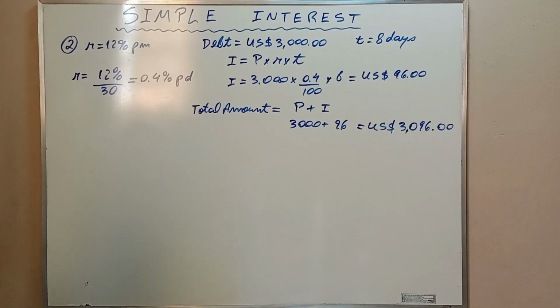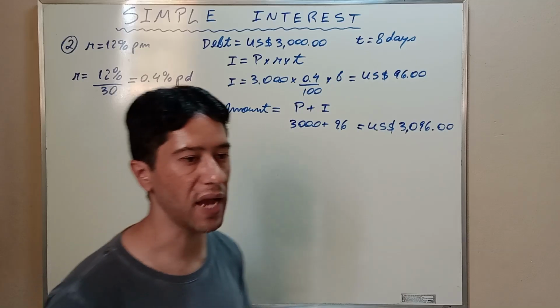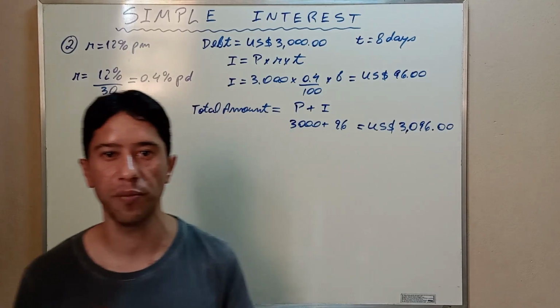Therefore, the amount required to pay off the debt 8 days late is $3,096. All right, my friends, this was exercise number 2. Let's go to the next. Let's go to exercise number 3.